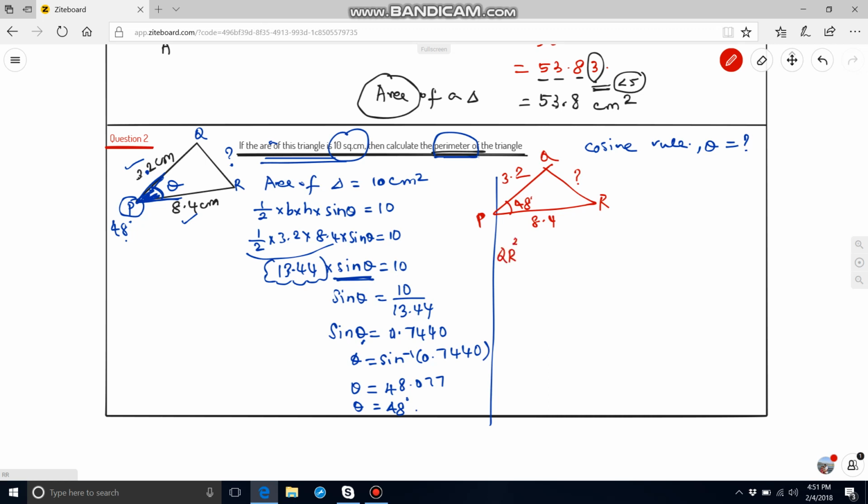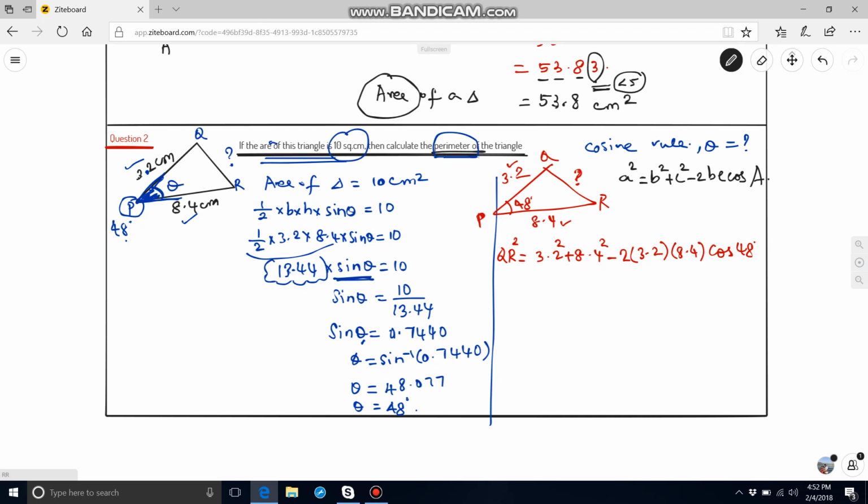QR square is equal to the other two sides squared: 3.2 square plus 8.4 square, minus 2 times 3.2 times 8.4 times cos 48 degrees. If you want to refresh the formula, I am writing it for you: a square equals b square plus c square minus 2bc cos capital A.